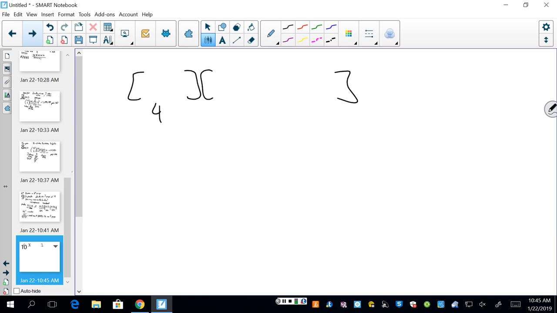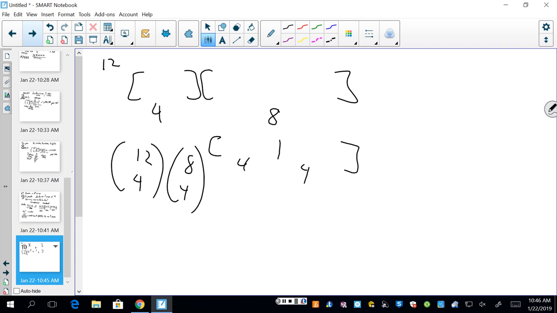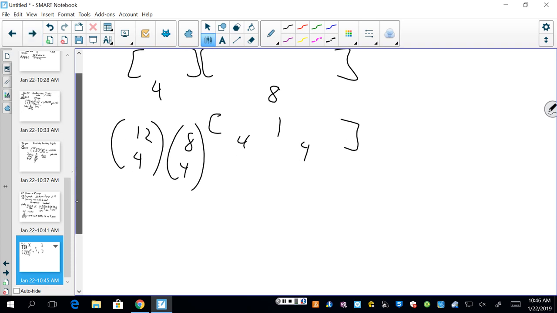Choosing 4 for the first group should be 12 choose 4. And then you choose 4 from the 8 left over, so 8 choose 4. Let's see if it's the same.